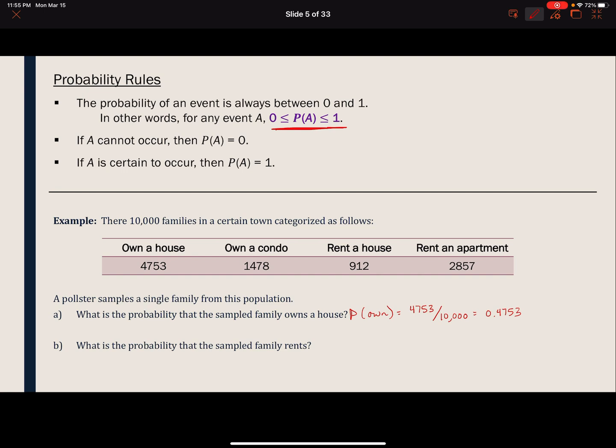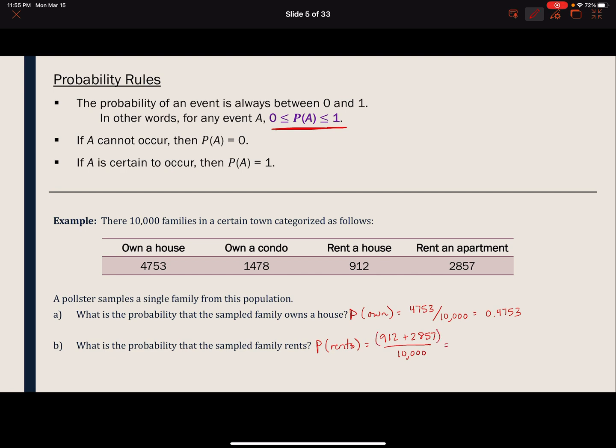What is the probability that a sampled family rents? Well, now there's 2 ways that we can observe a family that's renting. They can either be renting a house or renting an apartment. So the probability that a family rents would be the probability that they are renting a house plus all of those who are renting an apartment divided by this 10,000.